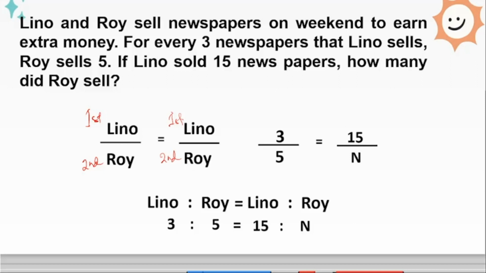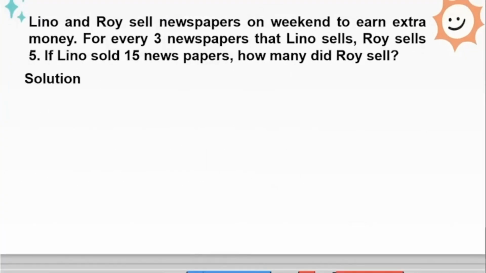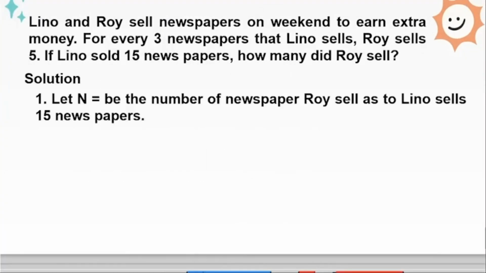So, nakita na natin yung sagot kanina using the illustration. This time, susolve naman natin ito gamit ang iba't ibang strategy. So, tandaan nyo kung paano natin na-set up yung proportion sa direct proportion, ha? So, this time, paano naman i-solve? So, for the solution, let n, a variable, be the number of newspapers Roy sells as Lino sells 15 newspapers.